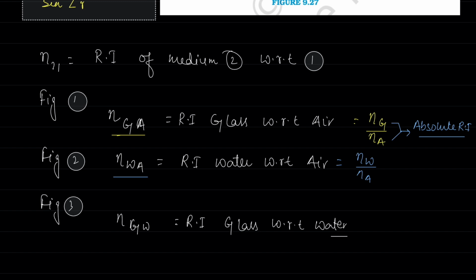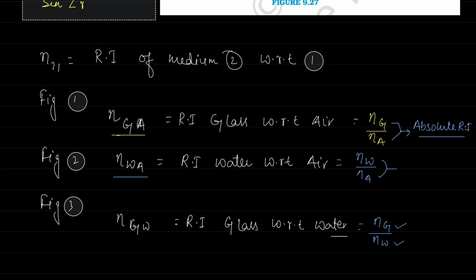Again, it is an absolute refractive index. Now, the refractive index of glass with respect to water is Ng by Nw. Why we are doing this, I will explain shortly. We can use this relation for further solving.